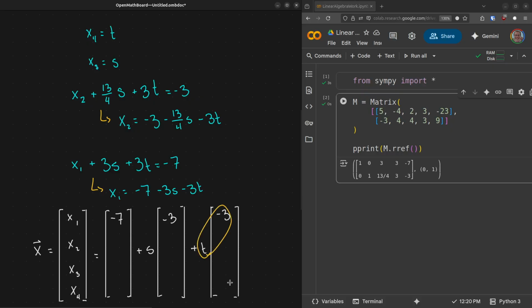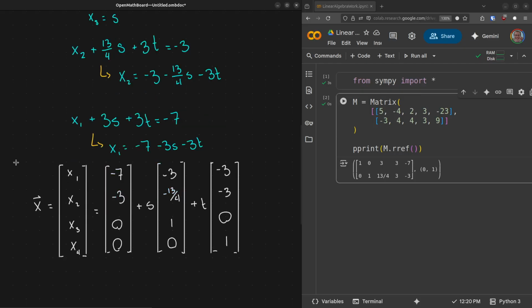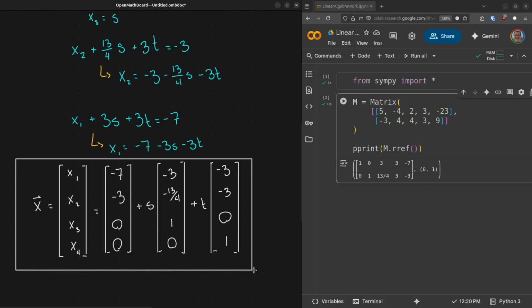Minus 3t. Okay? x2 is -3 minus 13/4 s minus 3t. Okay? x3 is just s, so I don't have a constant term. I just have one s and no t's. And x4 is just t, so I don't have a constant term. I have no s's and one t. All right? Now, this is one way to represent the general solution to this system of equations.